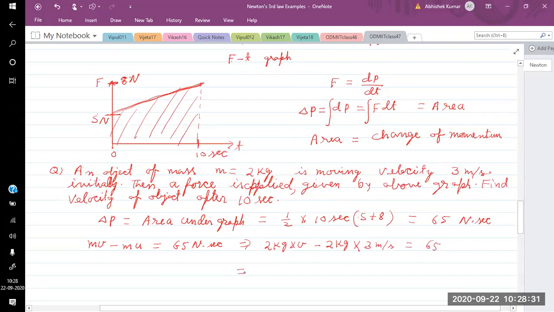If you solve it, you are going to get 2v minus 6 equal to 65, so 2v equals 65 plus 6, or v equals 71 by 2, that is 35.5 meter per second. The velocity will become about 35 meter per second at the end of 10 seconds.